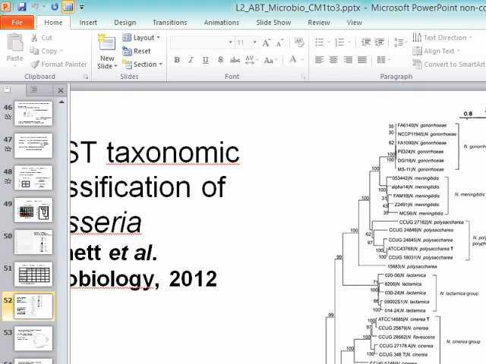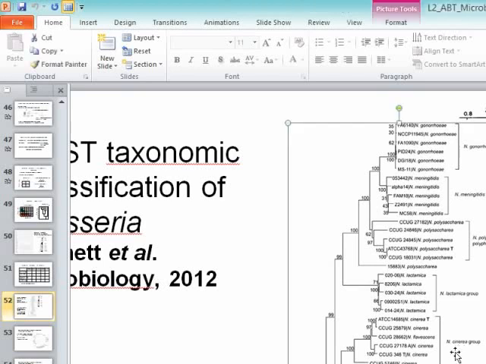Here is something different, okay? You've got the Neisseria cinerea that's in between these two groups of meningitidis. This is not correct, okay? It seems to be a mistake, because with molecular methods, the cinerea group is really phylogenetically quite distant from the meningitidis group, okay?